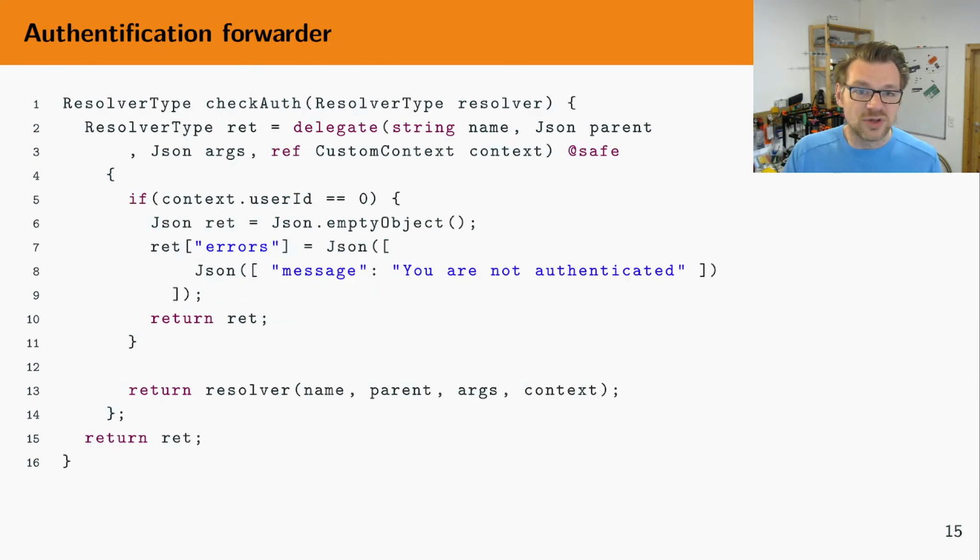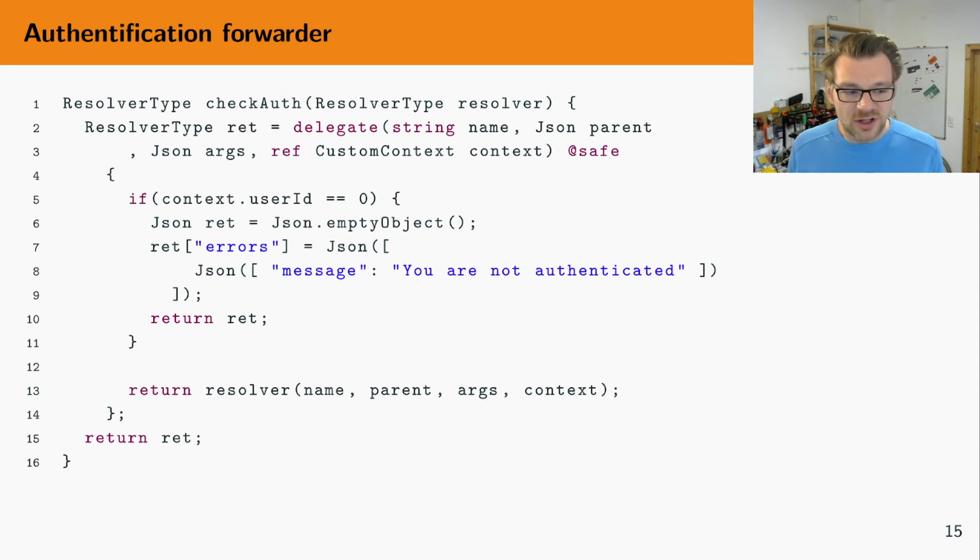For that, we do another take on how to do stuff to a resolver, or do additional work before or after a resolver. And here we have the check auth function that actually returns a resolver type. So it actually creates a delegate and returns it. It also takes a parameter of a resolver type, which it then at some point will call. So the implementation here is quite simple.